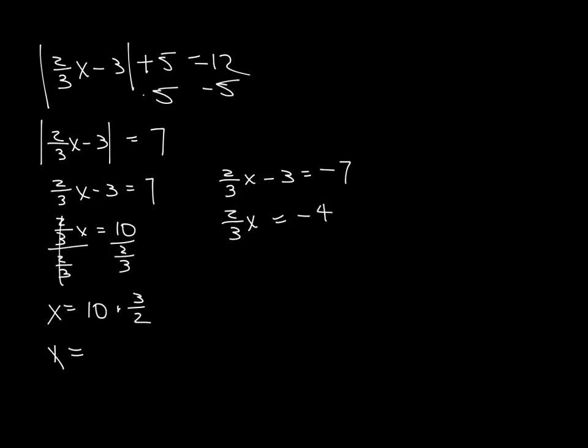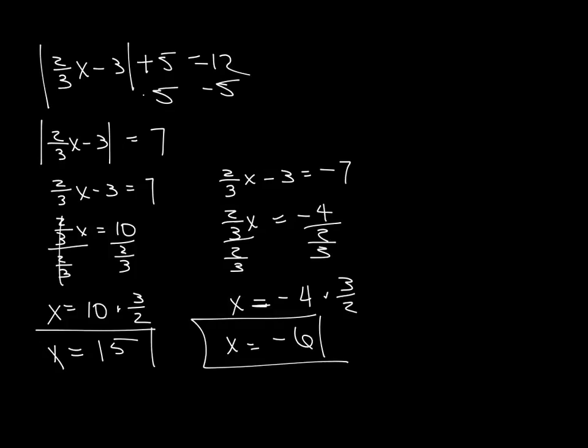X equals 15. And over here, we're going to invert and multiply, or divide by 2/3, and then invert and multiply. Negative 12 over 2 is negative 6. So those are my two answers that will make this a true statement.